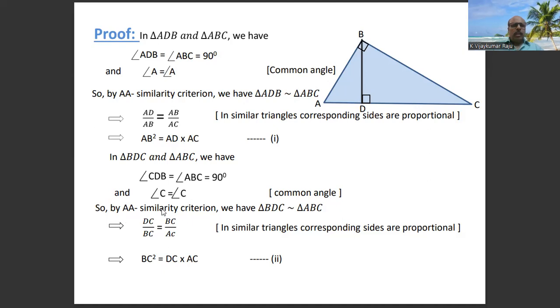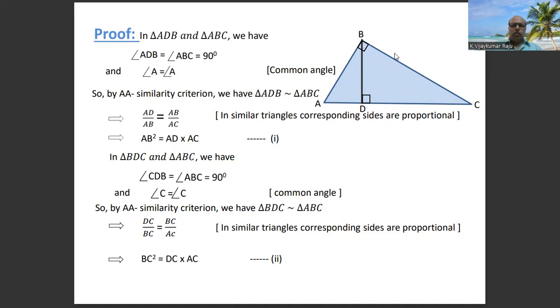By AA similarity criteria, these two triangles, this side triangle and this complete triangle, are similar. So when these two triangles are similar, I take the base as DC and hypotenuse as BC.